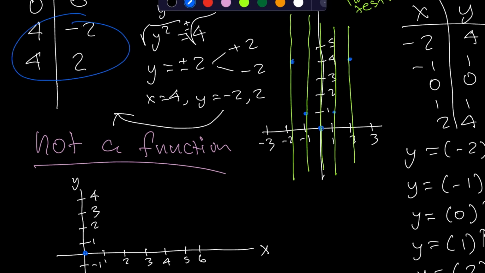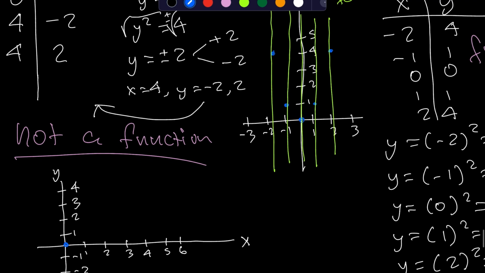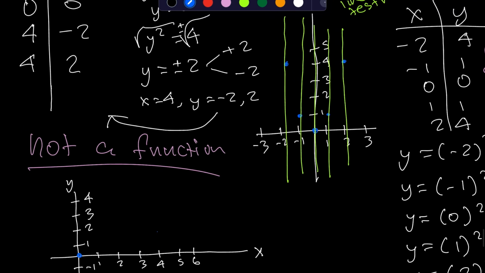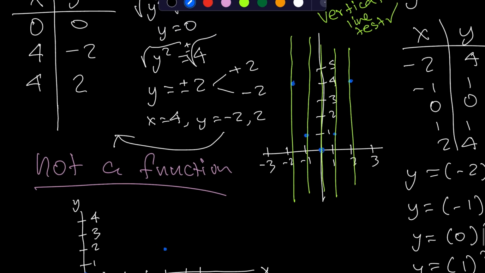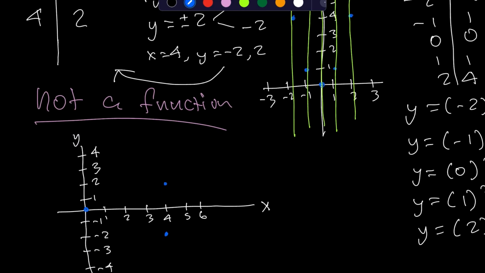So when x is 4, y is -2 and 2. So we have those 2 points. So let's go to x equals 4, y is both 2 and -2. And the way this graph is shaped, which you don't actually have to know for this problem, is kind of a smooth curve just like that.